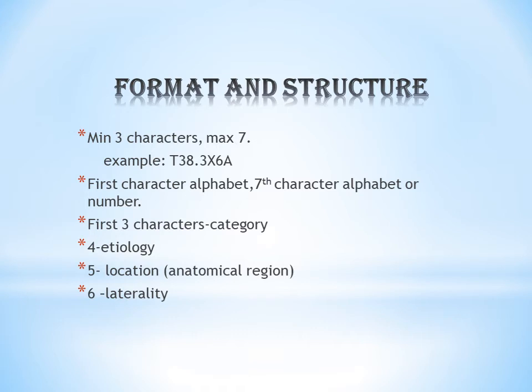For example, head, shoulder, whatever the anatomical location, it is indicated by the fifth character. And the sixth character represents laterality, that is left or right or bilateral. The seventh character will be discussed separately in an upcoming slide.